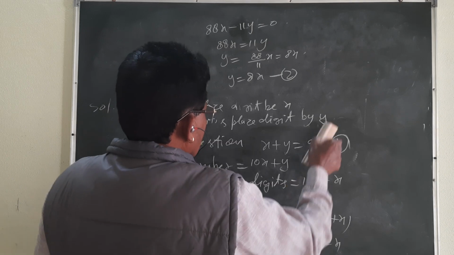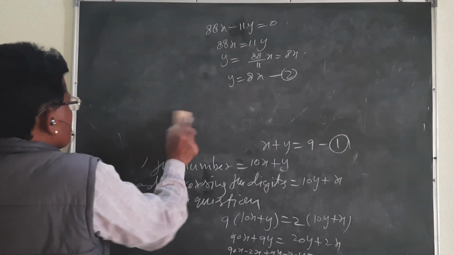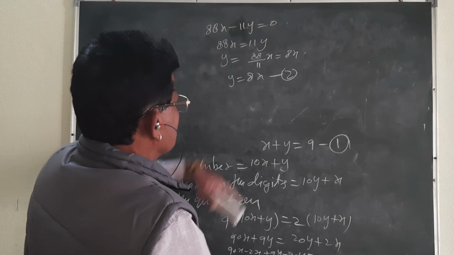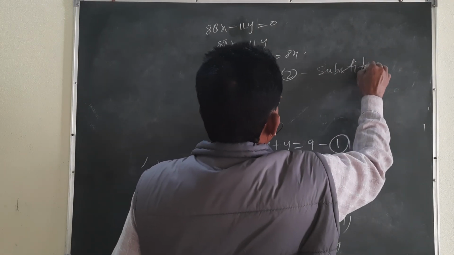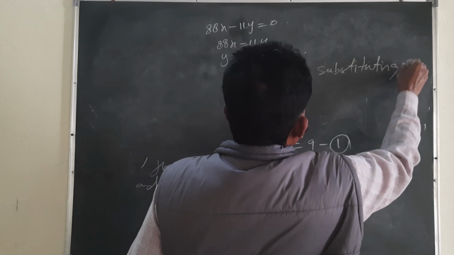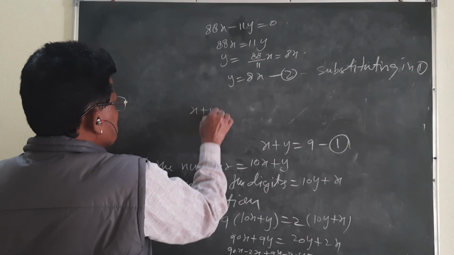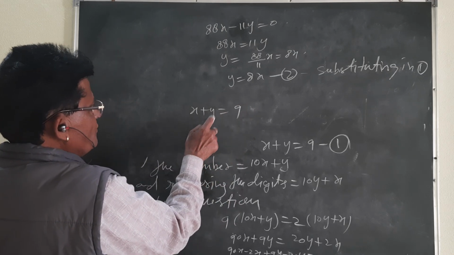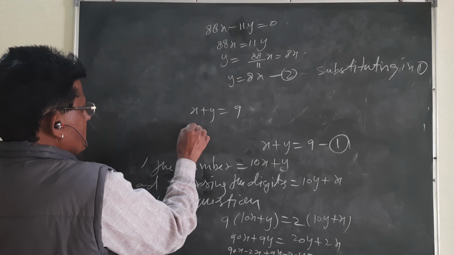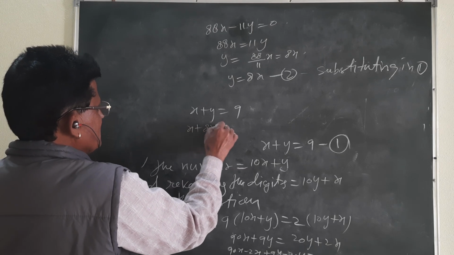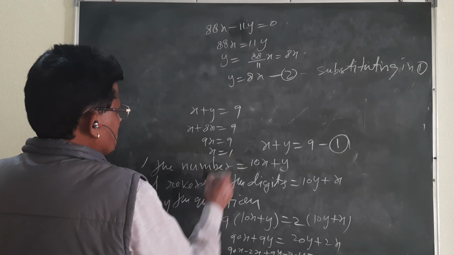Then let me take here substituting in 1. Equation number 1 is x plus y is equal to 9. In place of y, what will we substitute? You see over here, x plus 8x will be equal to 9. 9x is equal to 9 and x will be equal to 1.